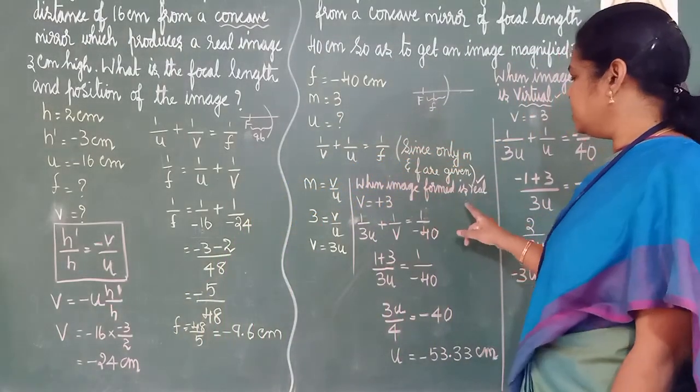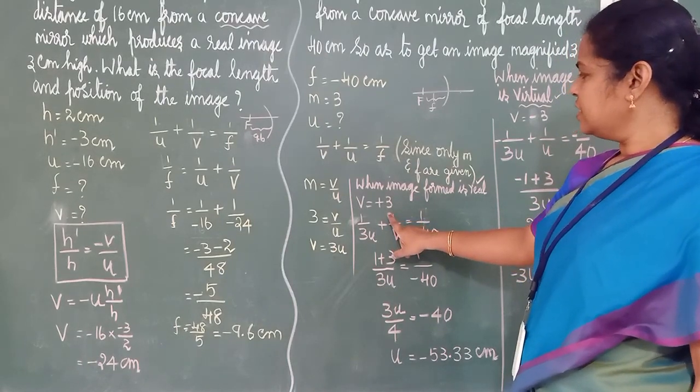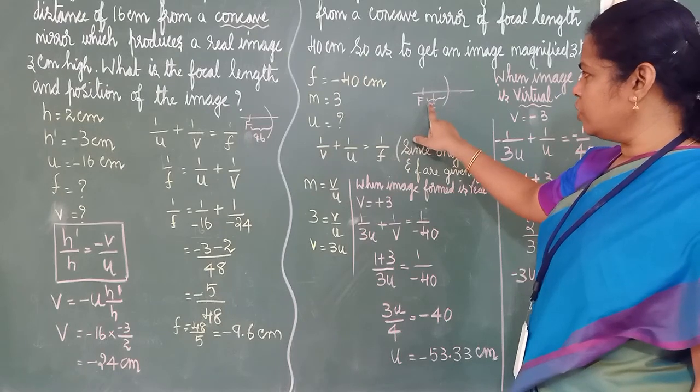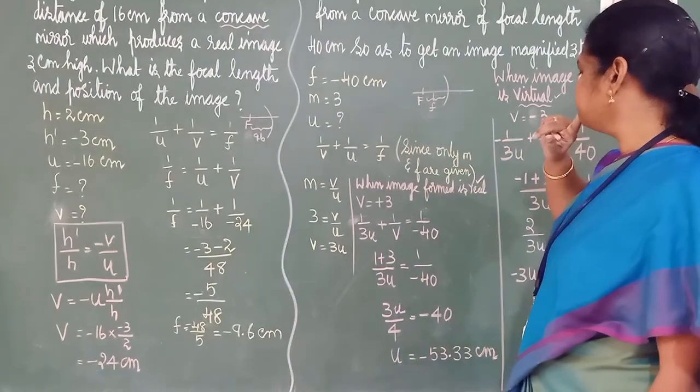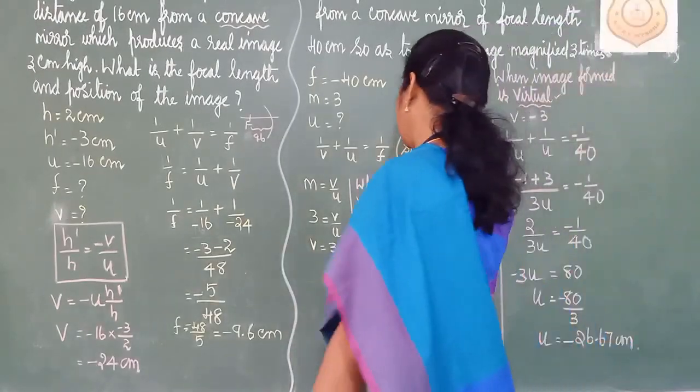If the image formed is real, v is equal to plus 3; if it is virtual, v is equal to minus 3.